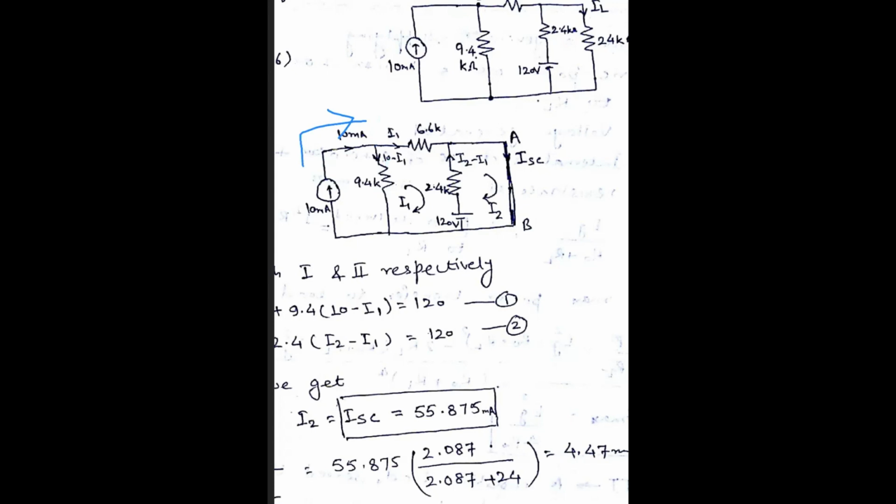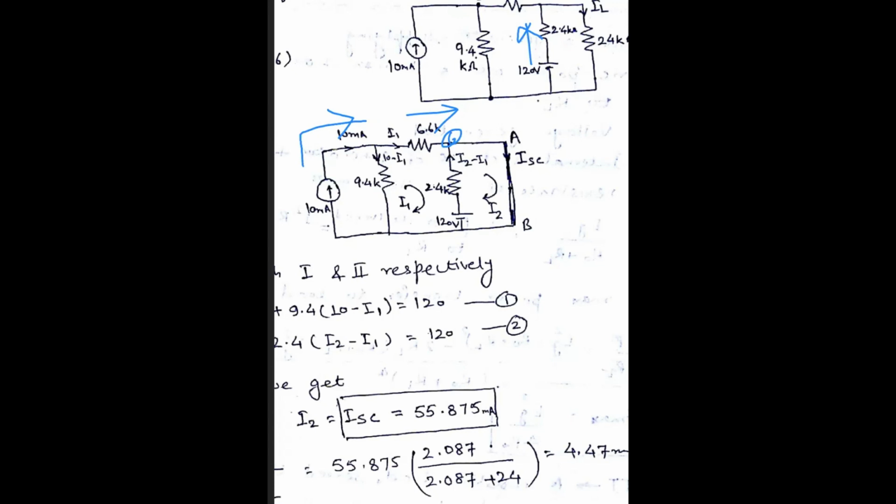And in this second loop, we know that I2 current is flowing above and I1 is the incoming current in this node. I2 is also incoming current in this node.